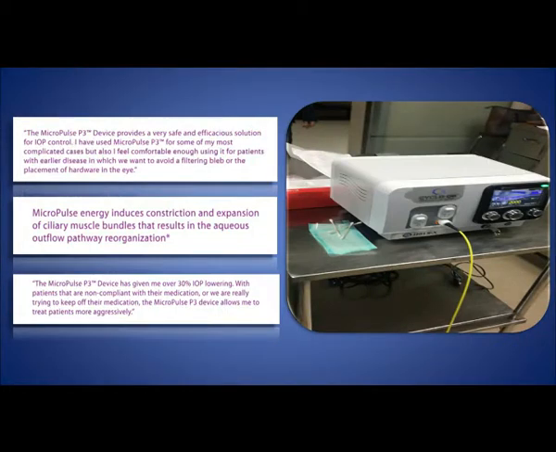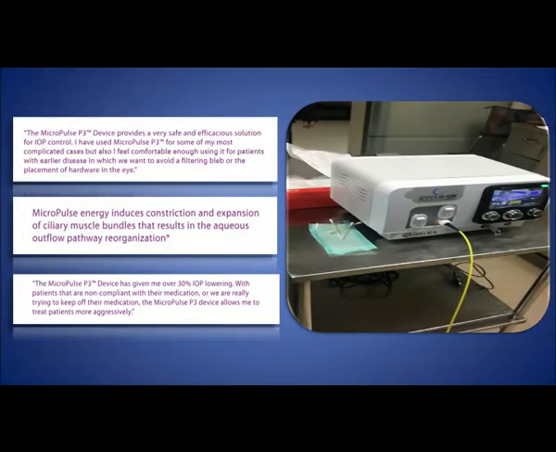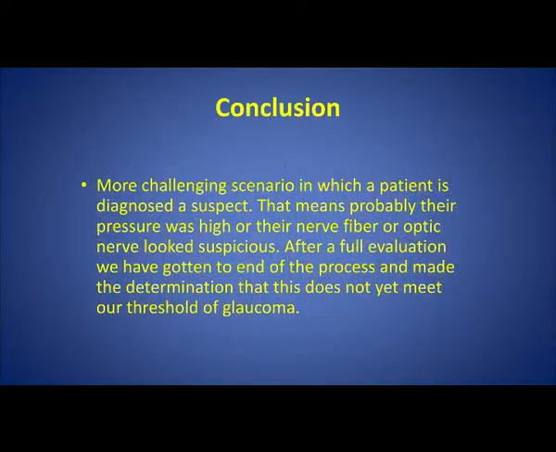The micropulse energy induces contraction and expansion of ciliary muscle bundles that results in aqueous outflow pathway reorganization and gives us over 30% IOP lowering. So to conclude, a more challenging scenario is one in which a patient is diagnosed as suspect.